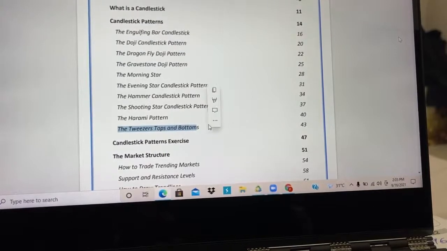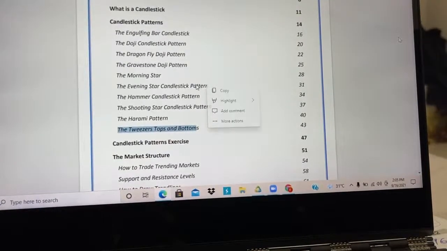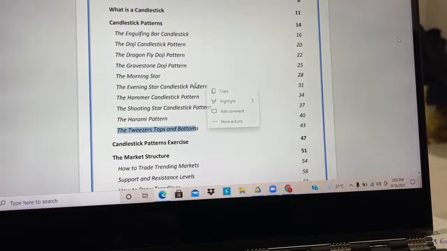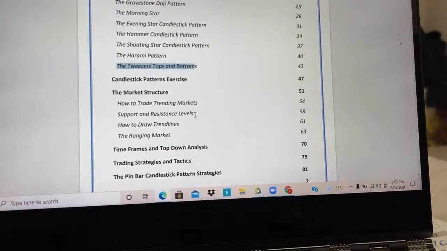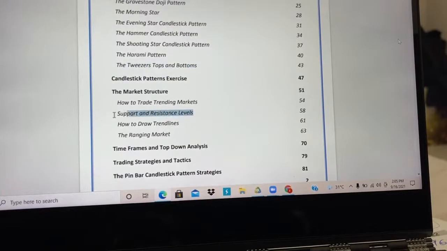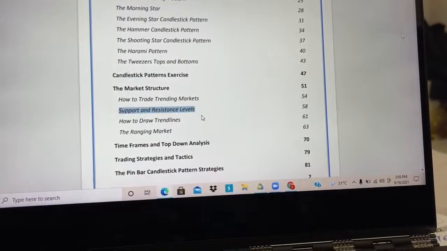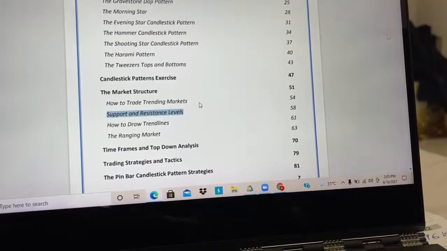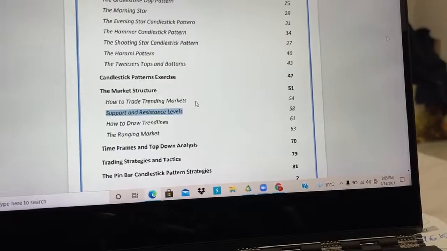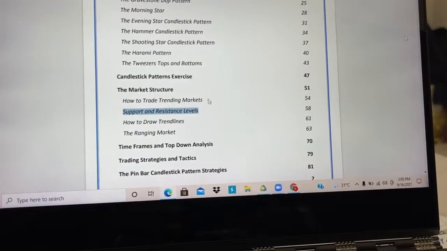And what we're going to be doing today, as promised, is to go through support and resistance. Support and resistance is fairly easy to identify on the charts.